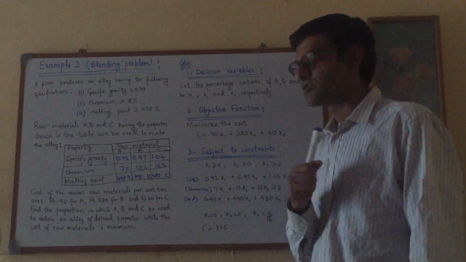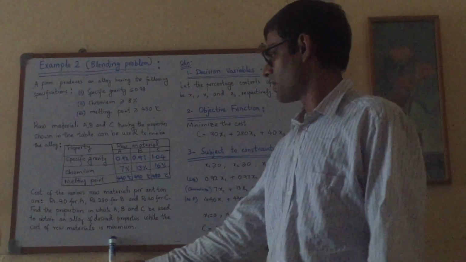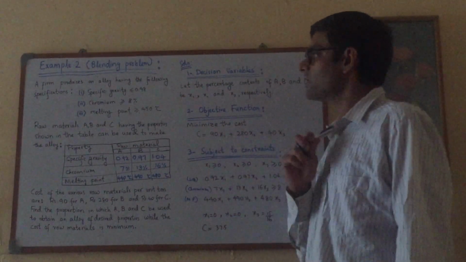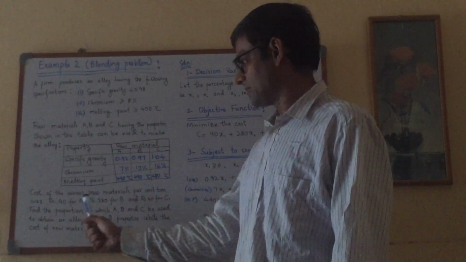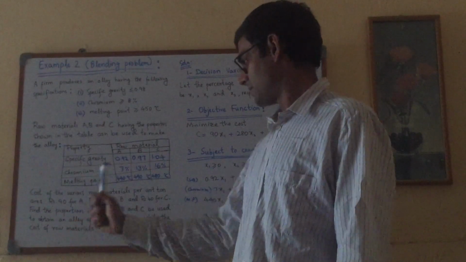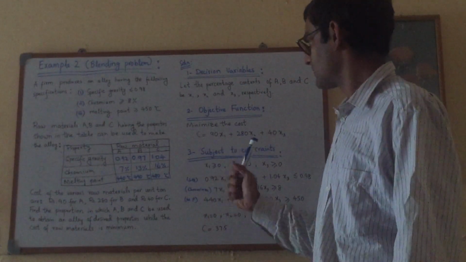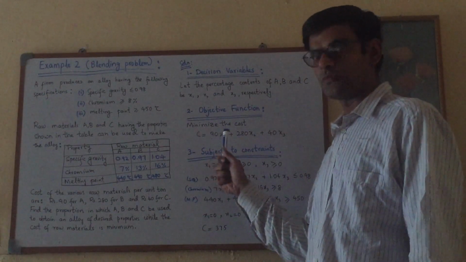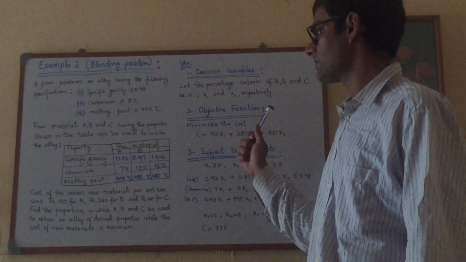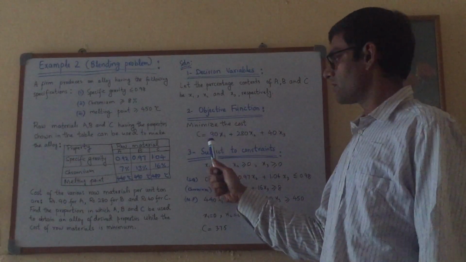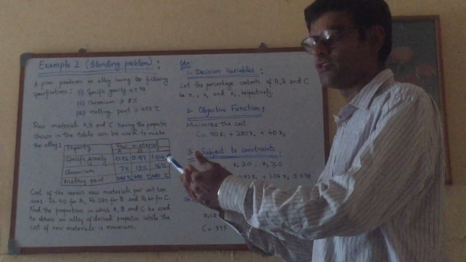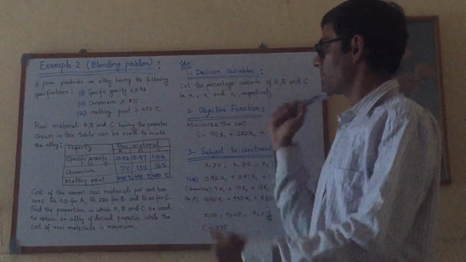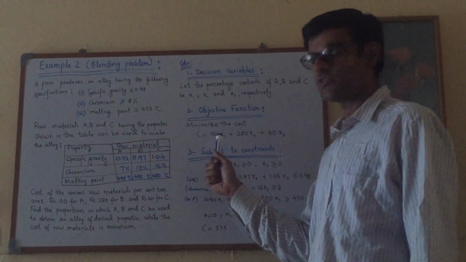Now the objective function is minimize. So minimize our cost. So C is equal to 90 rupees, from A. This 90 rupees is a cost for A material, 90 times of number of raw materials of A, means 90 times of x1.